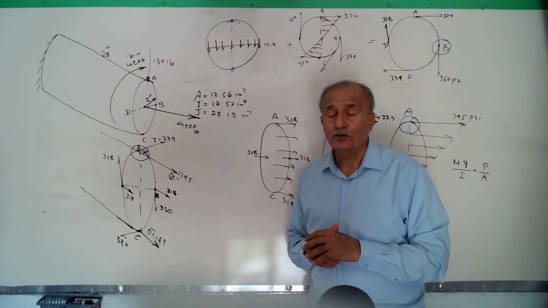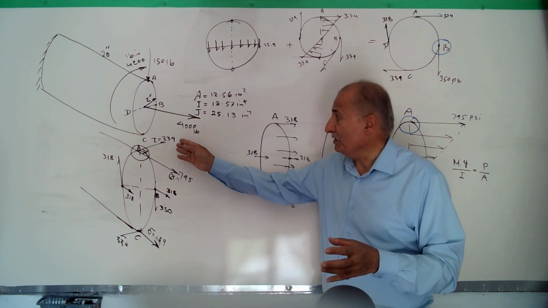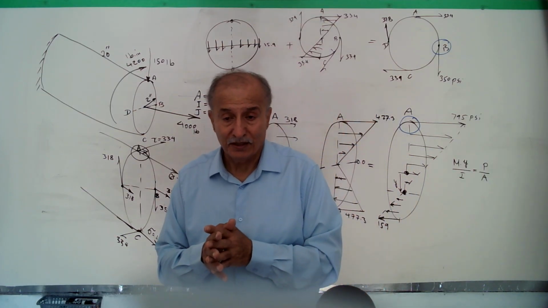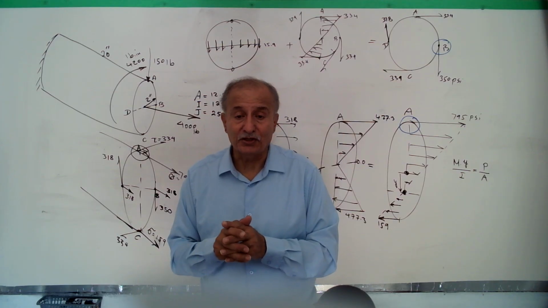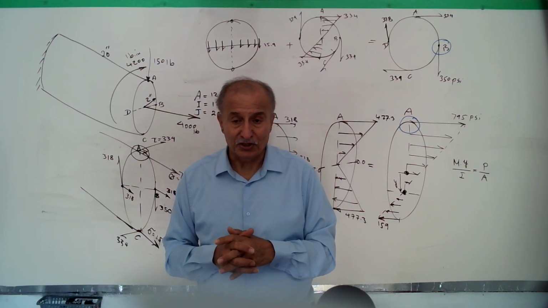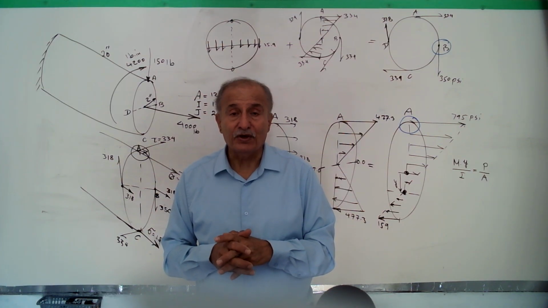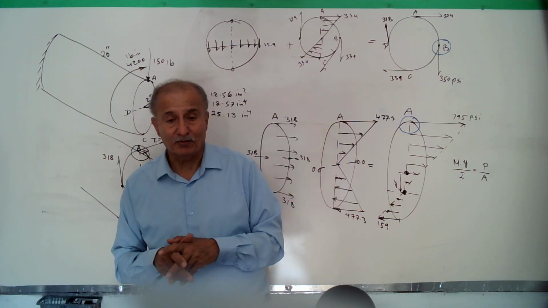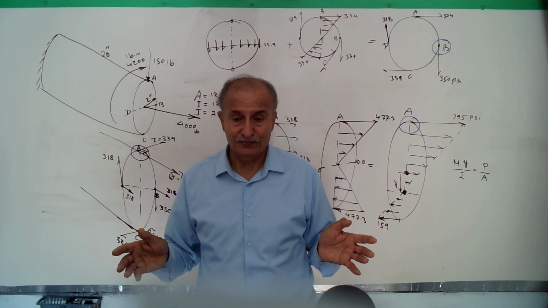And if we wanted to know how these two stresses, 795 and 334, combine together, we must use Mohr's circle to find out the result of the combination of these two stresses, shear and normal, at point A. And we reach another stress, which is called principal stresses, the maximum normal stress that can happen inside the material.